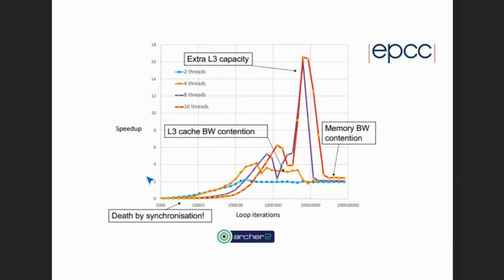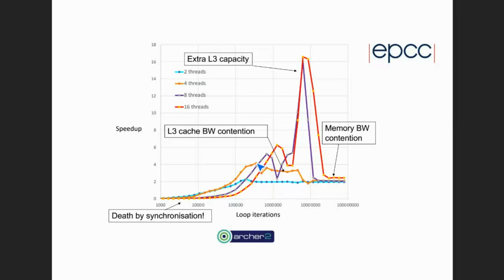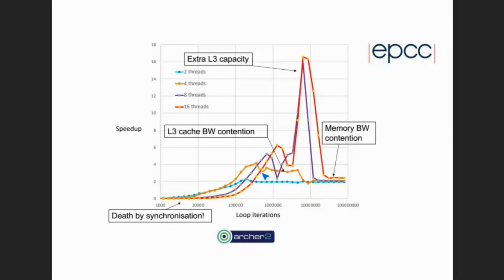For 4 threads, that's this orange line here, we just about make it up to a speed up of 4, but then it drops a bit. The data sizes in here were essentially where the array fits in the level 3 cache.